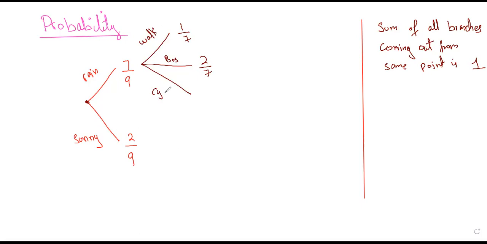What would be the probability that it is a rainy day and he's going through cycling? 4/7. Very good. Well done. Very well done. Okay, 4/7. Excellent.